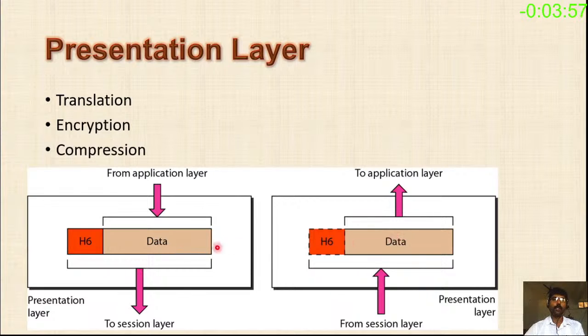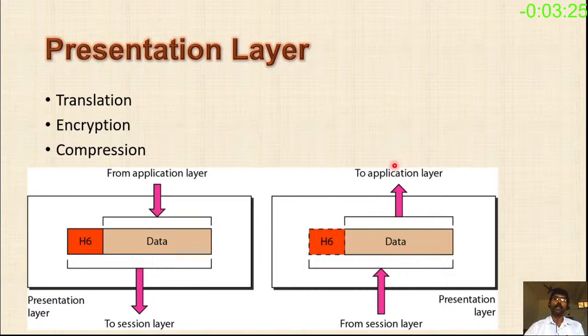In that case, the presentation layer converts the data into an encoding technique called a common form, and that common form of data is sent to the destination. At the destination, the presentation layer converts the common form of data into the encoding technique used by the receiver.